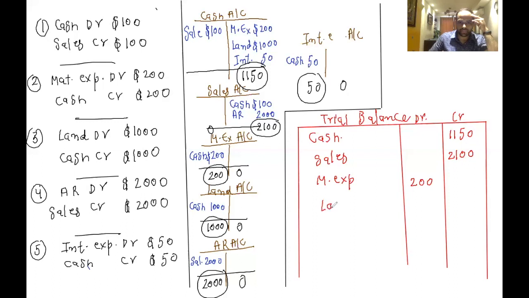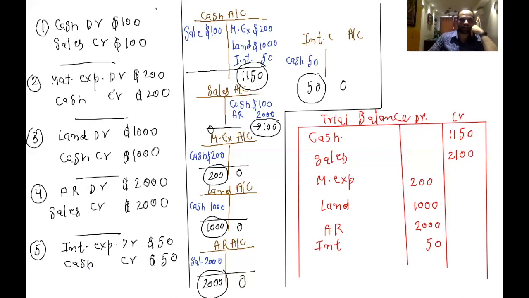Land has a debit balance, so we write on the debit side 1000. Account receivable has a debit balance which is 2000. Interest has a debit balance which is 50. That's all. This is your trial balance.